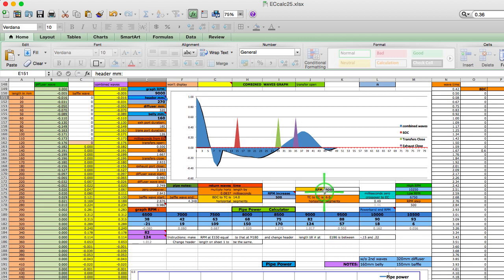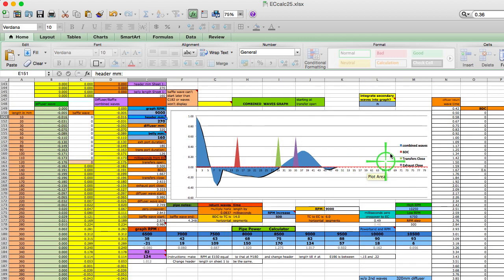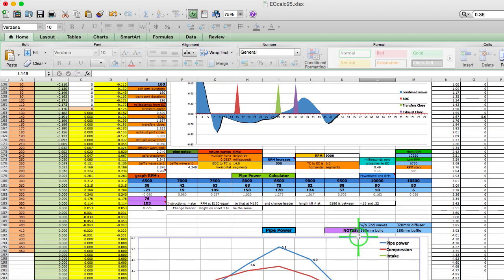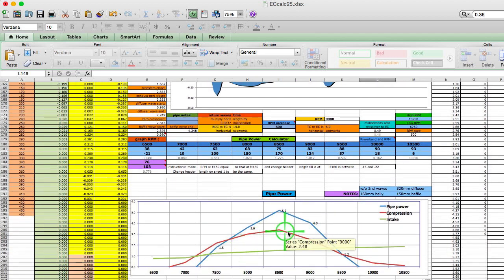So on EC-Calc now, you have this little section right here where you can choose to incorporate the secondary waves or not, but I always recommend choosing Y for yes when you're going to input the values to get the power graph.